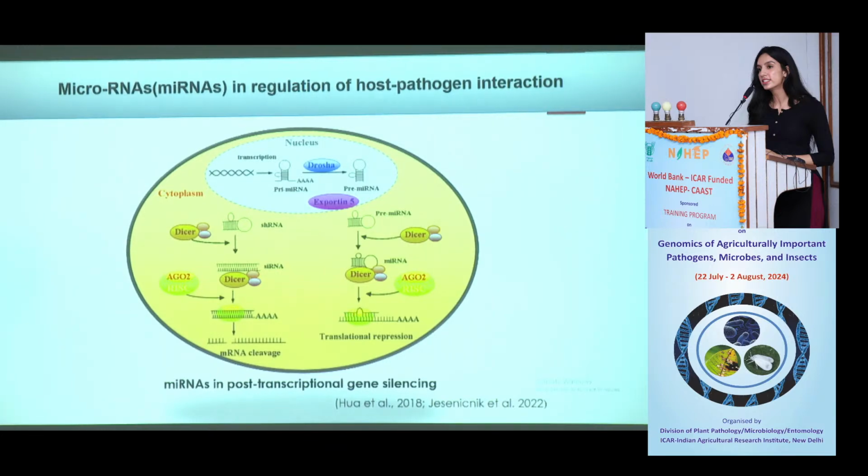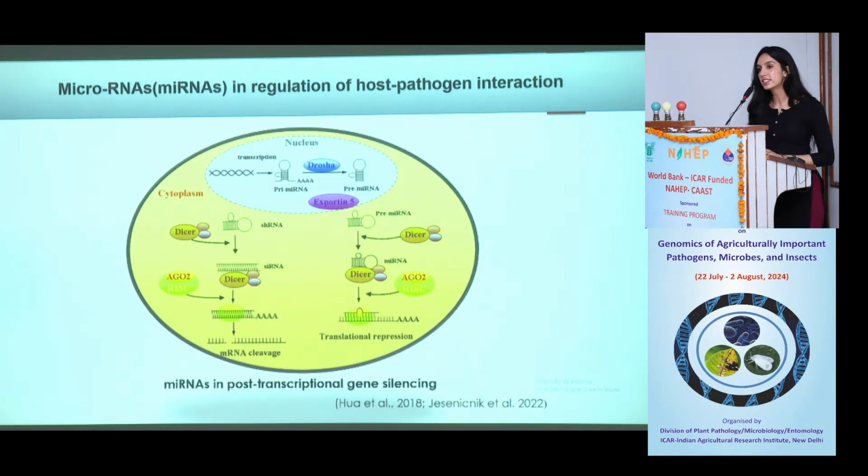Small interfering RNAs, as Dr. Shanmugam told, can be exogenous. We can synthesize them in the laboratory as well, or they can be generated from double-stranded RNAs by the action of the dicer enzyme complex, which in turn leads to mRNA cleavage, that is post-transcriptional gene silencing.